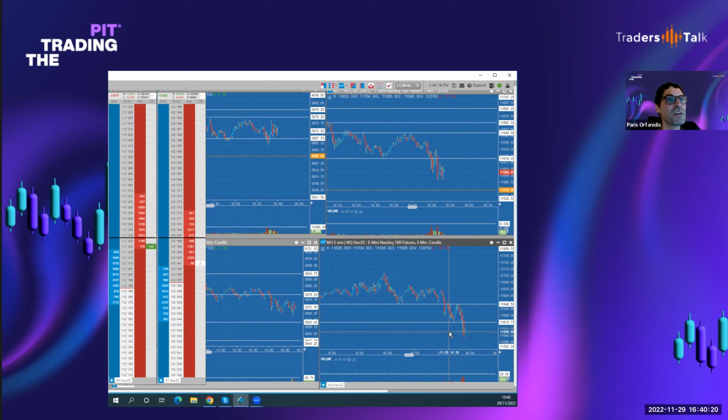The only problem with Nasdaq is sometimes it doesn't go exactly to the level, but 16, and I have a 10-point stop, I'm stopping here. Come on, give us an entry.